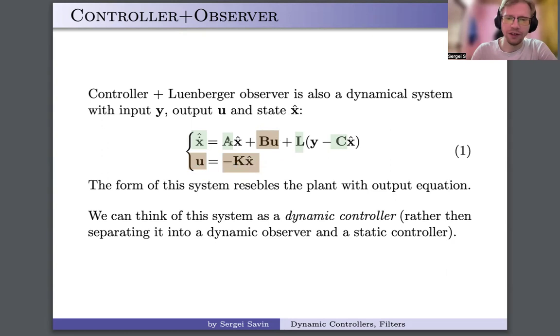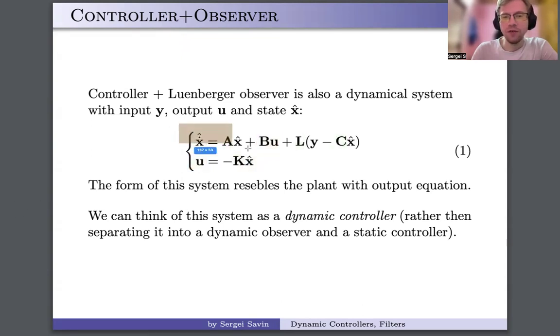So it would be A minus BK plus minus LC x hat, plus L y, where u equals minus K x hat. So this is very much the same as what we usually see in our LTIs.